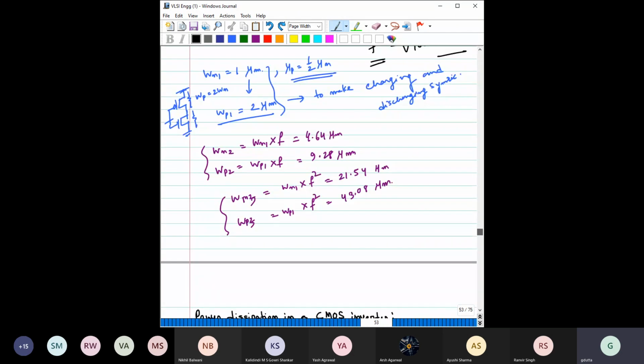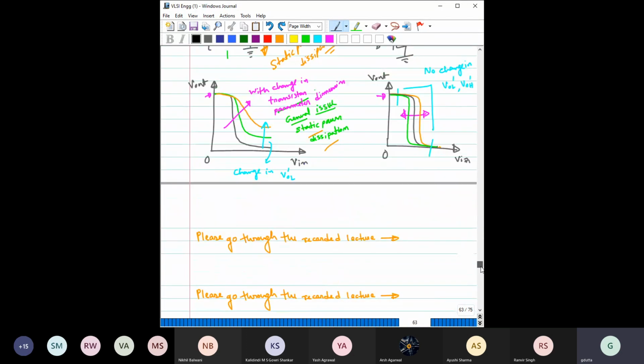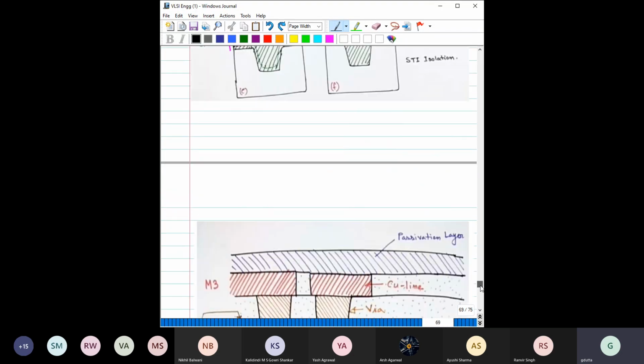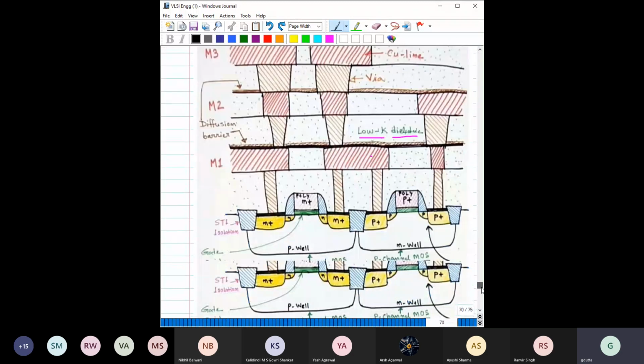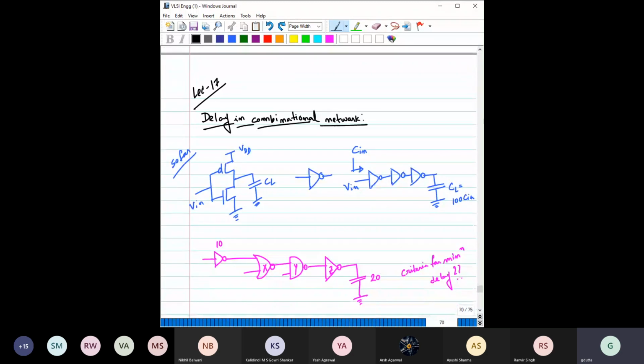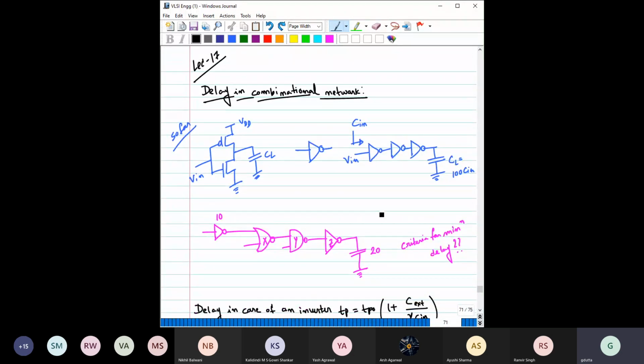So let us discuss a couple more things on delay which are relevant from a practical design point of view. So far our discussion was limited to only one gate, the CMOS inverter.